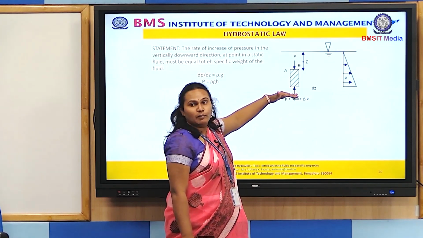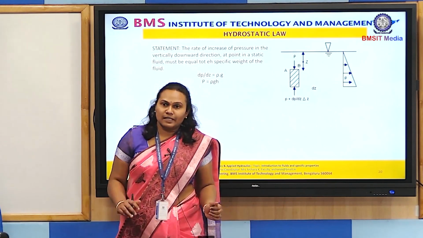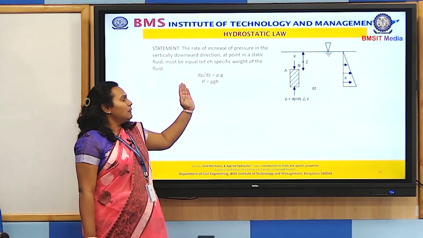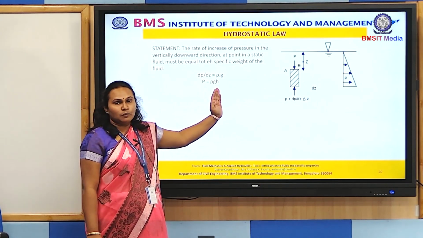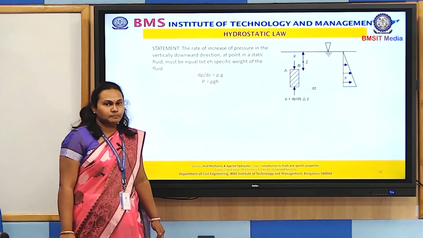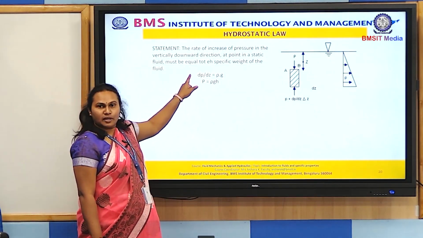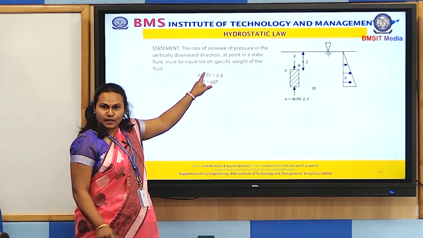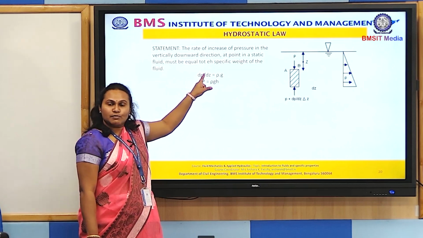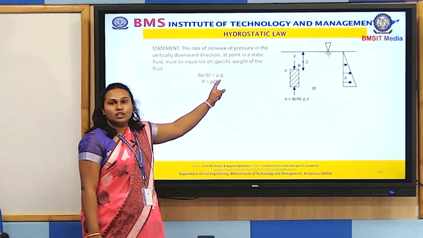The pressure at the bottom will be higher than the pressure at the top; the deeper you go, the pressure will increase. To prove that mathematically, we have the equation P is equal to density into acceleration due to gravity into the depth at which you're talking about. So the hydrostatic law states that the rate of pressure variation with respect to depth, here dP with respect to dz, where dz is the depth we are talking about, is equal to the specific weight.